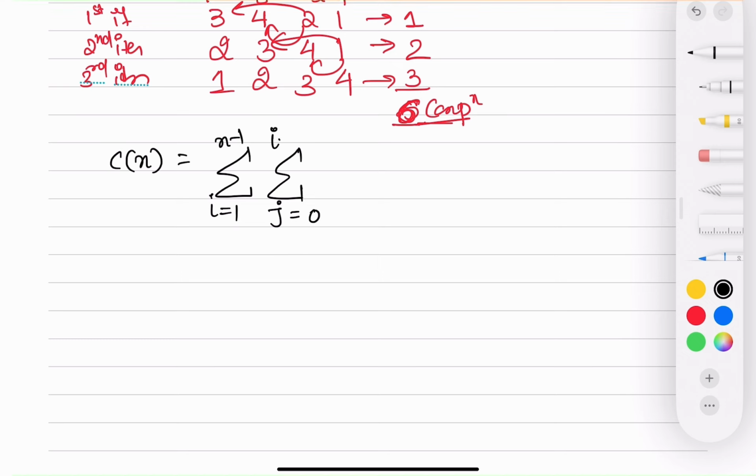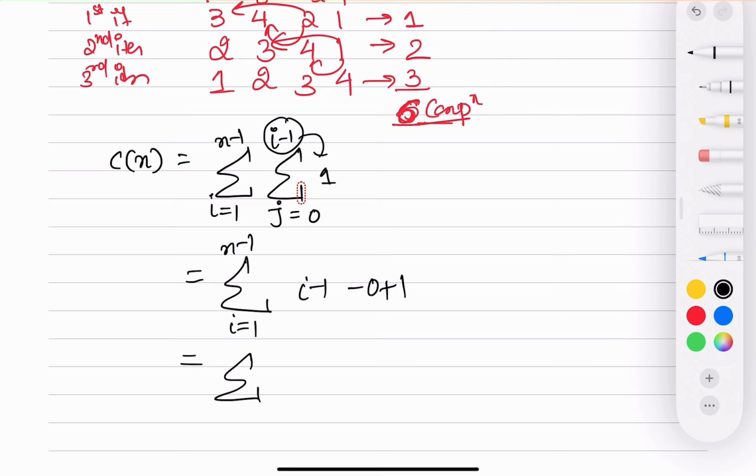If you solve this, the count is i minus 1 minus 0 plus 1, which is nothing but sigma i equal to 1 to n minus 1 of i.